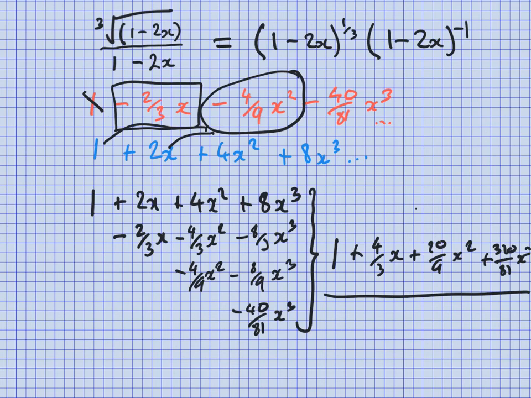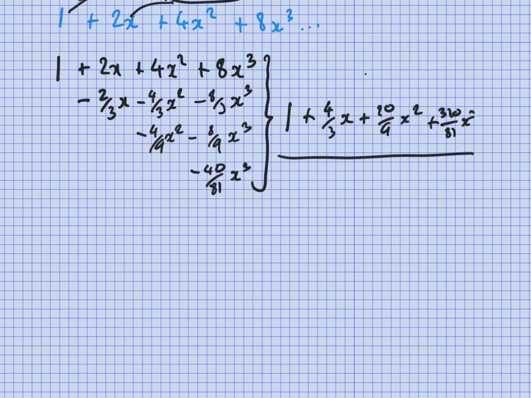And I think that's the solution. Now the last part, apart from being able to read this, I'm just going to rewrite that so it's legible. 1 plus 4/3 x plus 20/9 x squared plus 320/81 x cubed. Okay, sorry, that wasn't very readable.